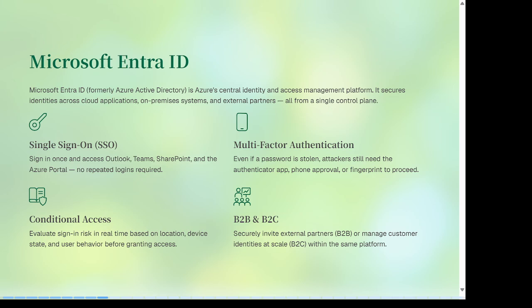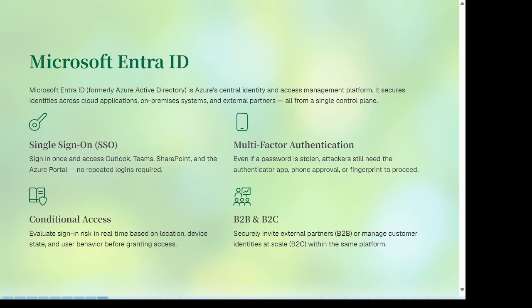With B2C, you can manage customer identities at scale. For example, users logging into a retail website or mobile application using social accounts or email-based authentication. Both B2B and B2C are handled through the same identity platform, Microsoft Entra ID.